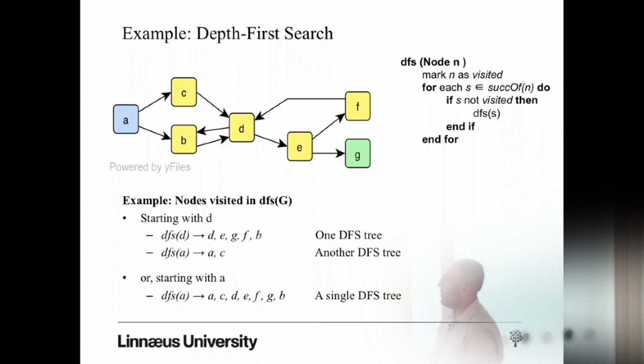So for example, if you want to use the depth first search algorithm and you want to visit all the nodes, after you have started with the D and you visited these nodes, and then maybe you see that in that graph you have A and C. So you have to call that algorithm on some of the nodes which has not been visited before.